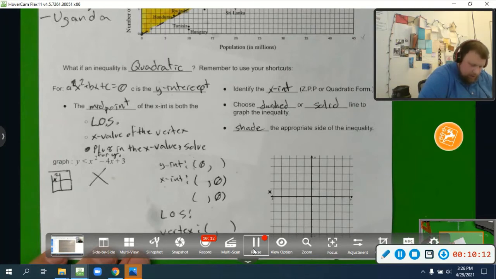Your y-intercept you should already know. Find your line of symmetry value, plug that into the equation to get the y value for the vertex.